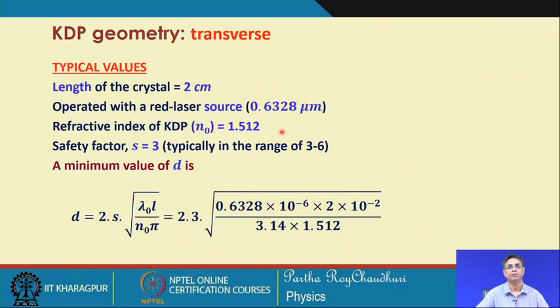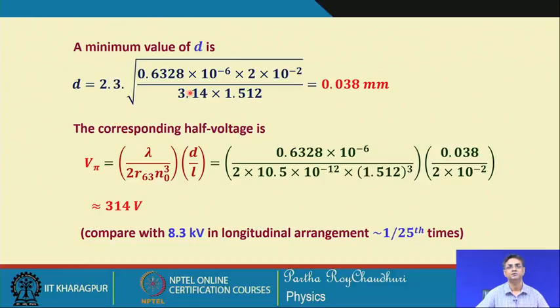Now, a laser operated at this wavelength, a helium neon gas laser, I assume that wavelength lambda 0, and the refractive index of this KDP, the ordinary refractive index, is 1.512. These are the values that I use in this expression, and I can calculate the value of d, which will be some fraction of a millimeter.